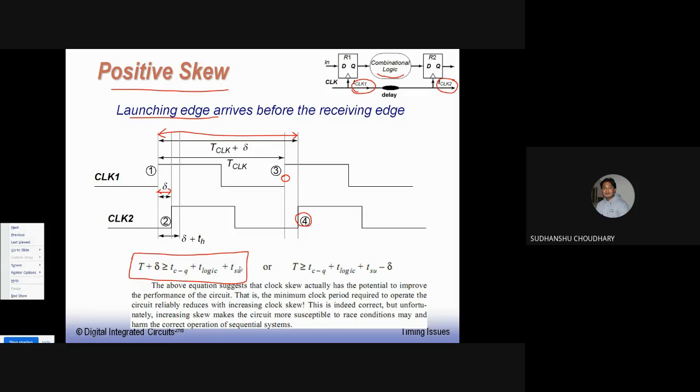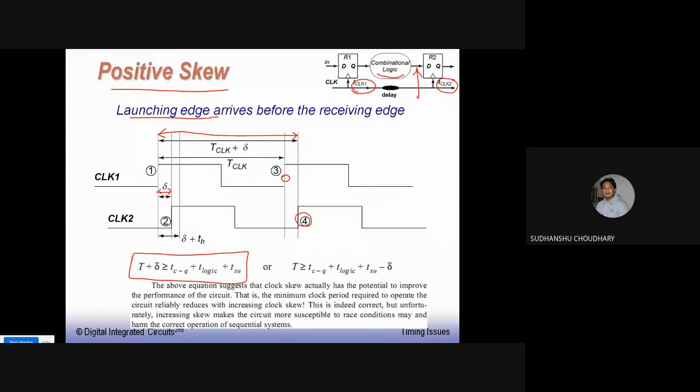If there was no skew, T would be greater than or equal to T clock-to-Q plus propagation delay of combinational logic plus the setup time.